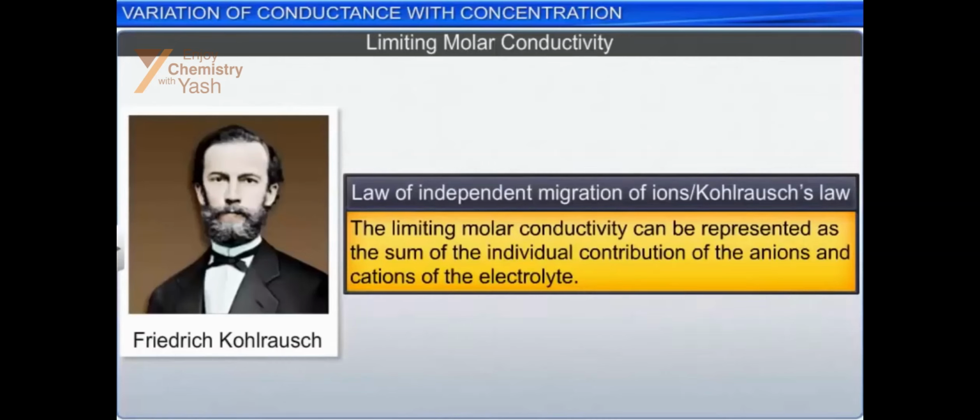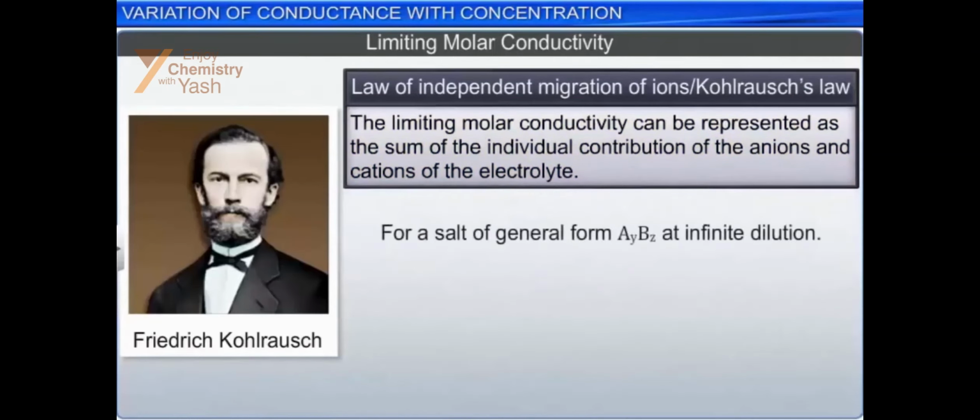For a salt of general form AYBZ at infinite dilution, limiting molar conductivity is equal to Y times the limiting molar conductivity of cation A plus Z times the limiting molar conductivity of anion B.